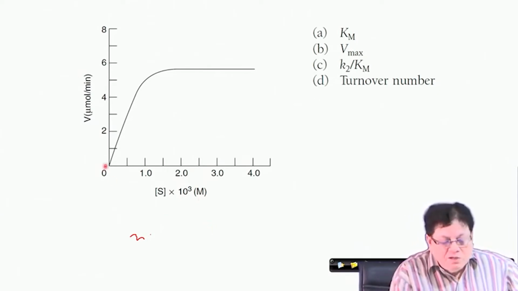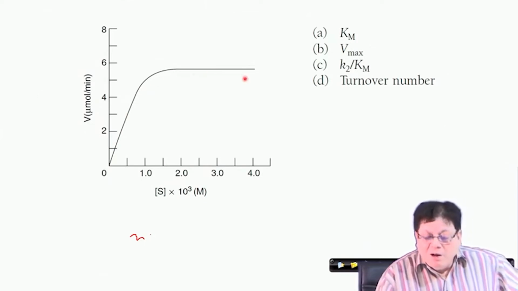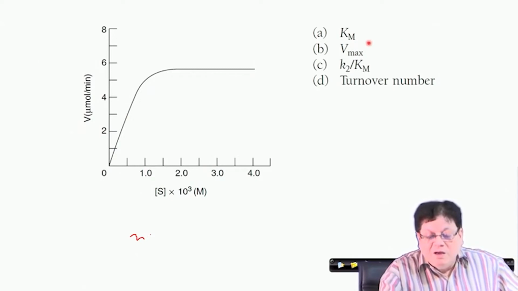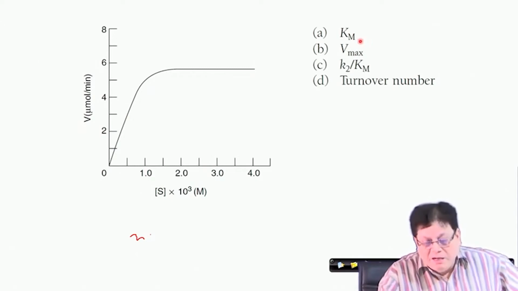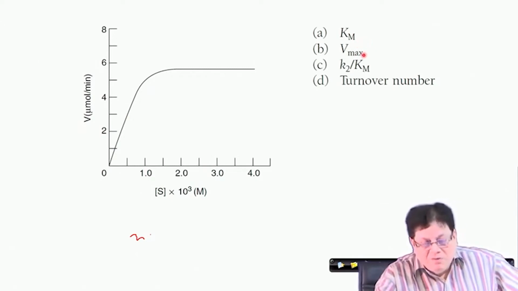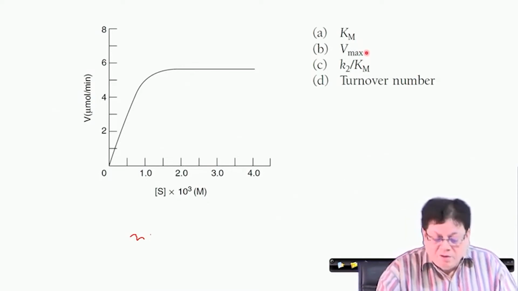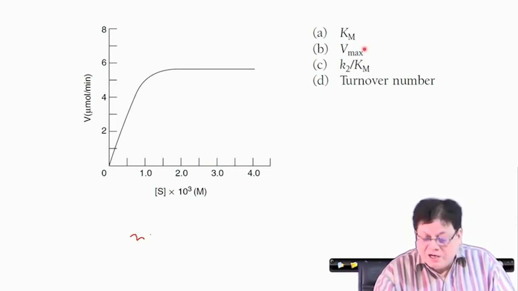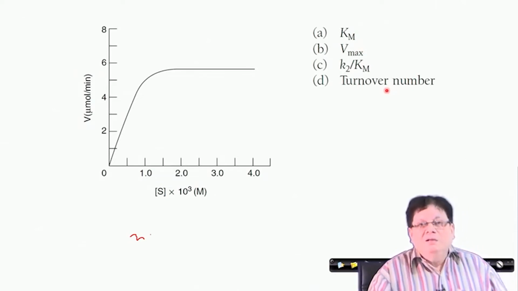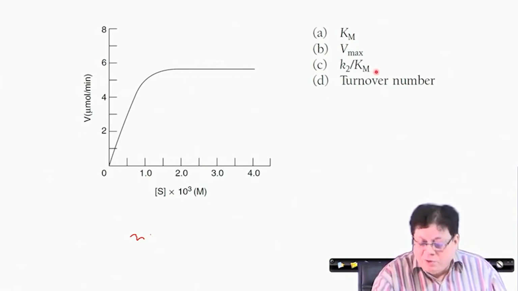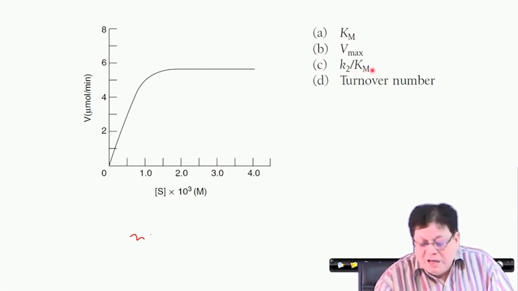Now what is asked is that you calculate from the graph the value of Km, the Michaelis-Menten constant; Vmax, the maximum velocity possible for this enzyme catalyzed reaction, provided you have the same enzyme concentration; then k2 by Km.